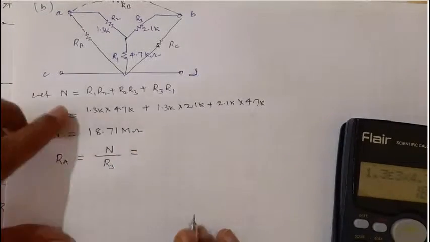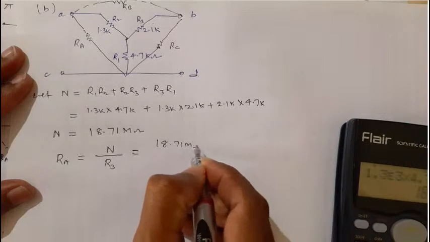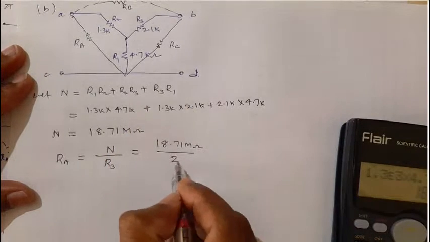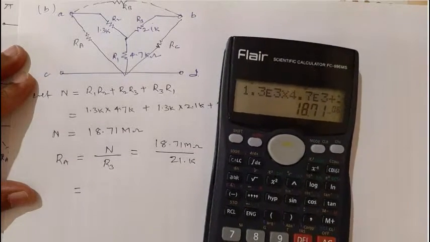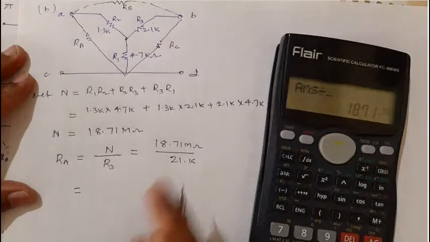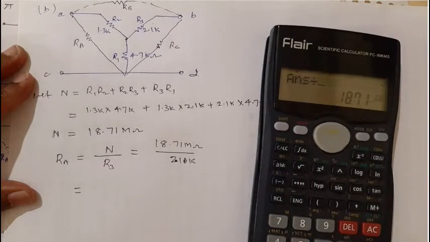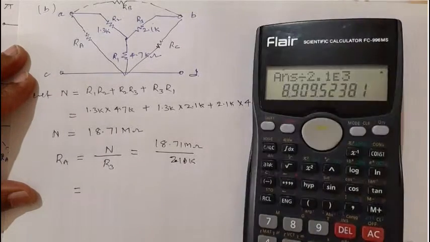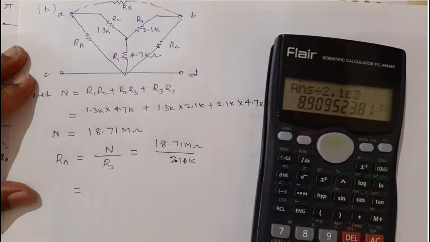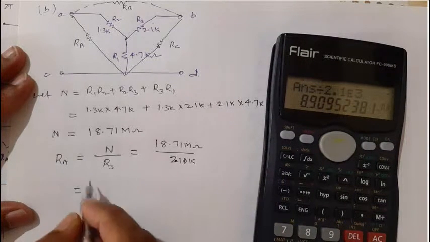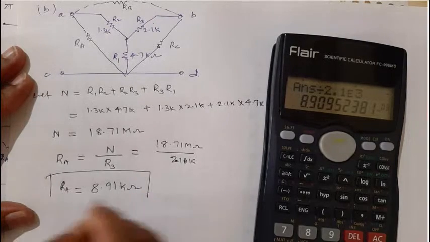N is already known to me, 18.71 mega ohm, divided by the value of R3, which is 2.1 kilo ohm, which is equal to 8.91 kilo ohm is RA, right?